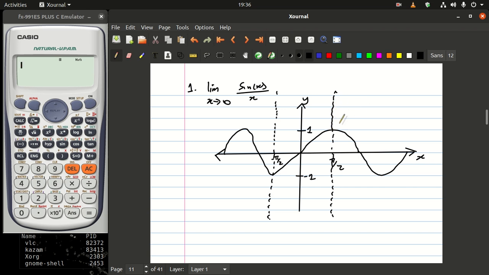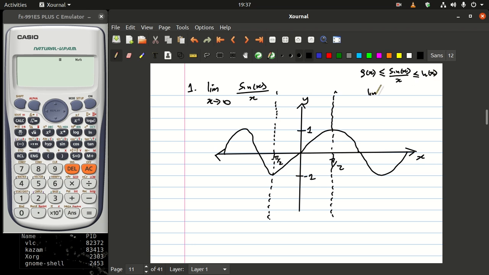Now, I have drawn this function that is above the x-axis. The main goal is to find some function g of x such that this function is always going to be less than or equal to sine of x divided by x, and this is always going to be less than or equal to g of x.